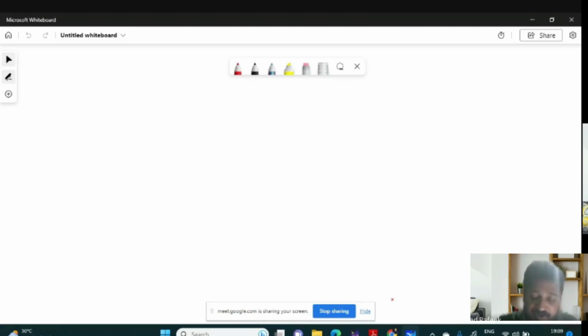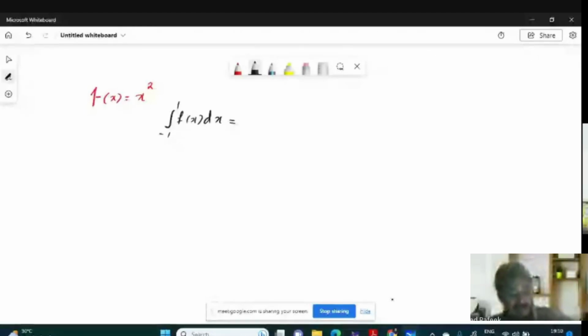Now let us try with f(x) equal to x square. Then what will happen? The integral from -1 to 1 of f(x) dx becomes the integral from -1 to 1 of x square dx.